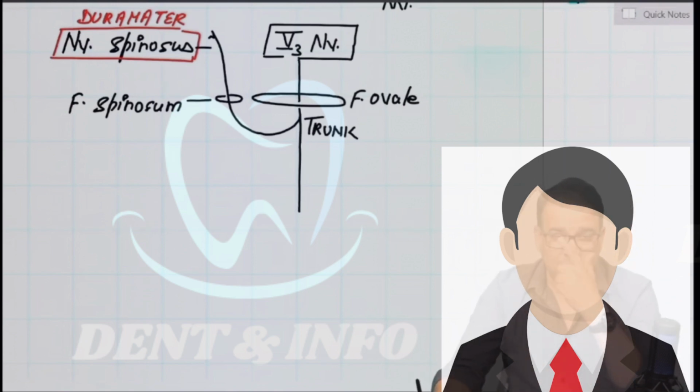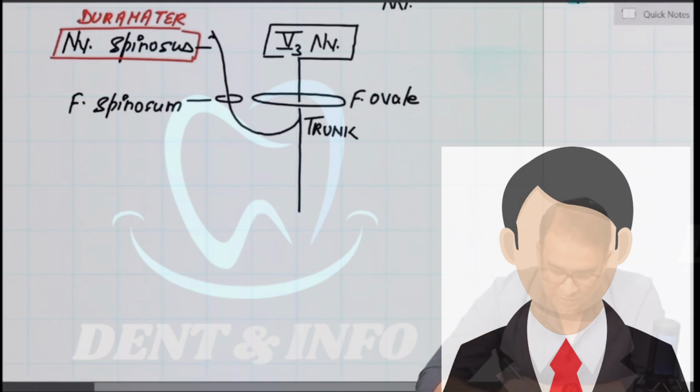So guys, the trunk of the mandibular nerve gives off a branch which goes back, and that is basically the nervus spinosus, supplying the dura mater. The second thing about the trunk is that it supplies only one muscle of mastication.